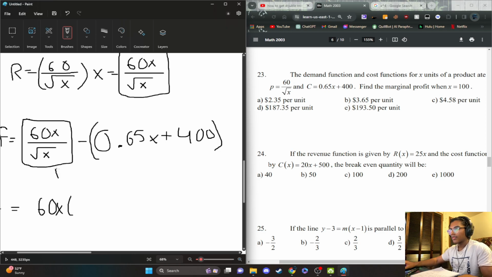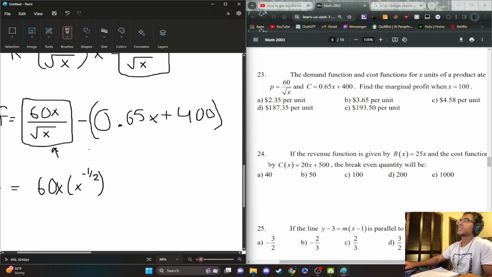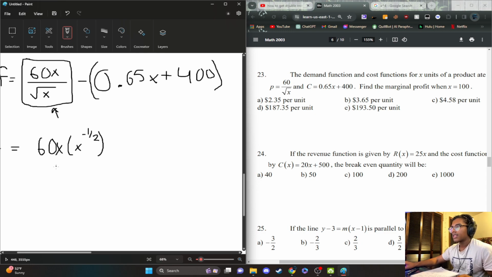Let's find the derivative of this value first. You have 60x, and let's use the product rule. It's the half power. Since it's in the bottom, it'll be negative 1/2 exponent. Let's find the value of that first. So you have 60.